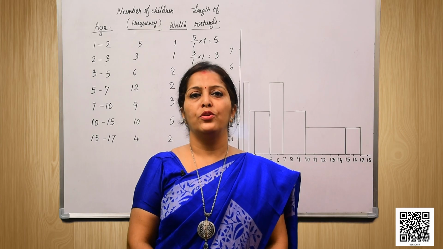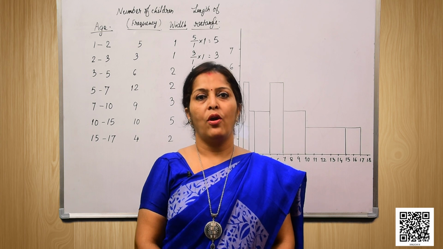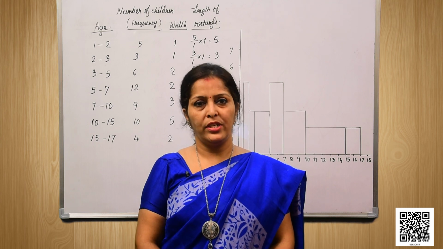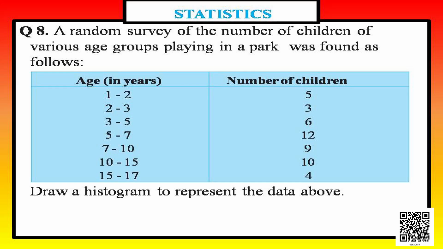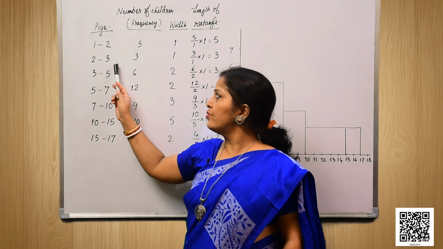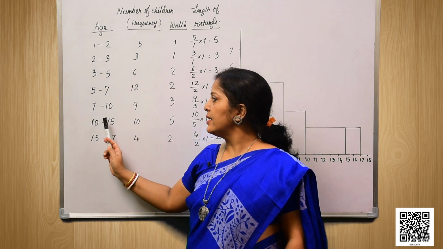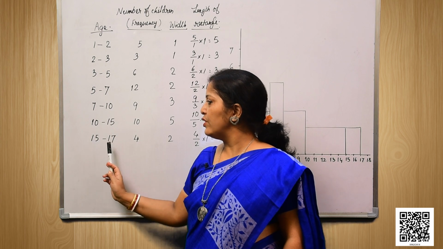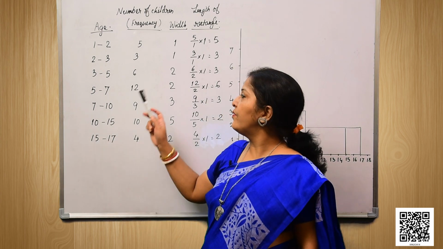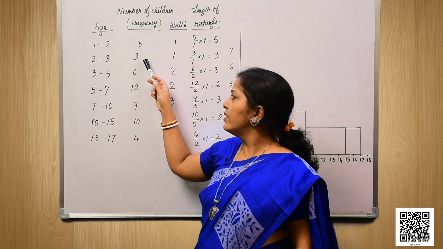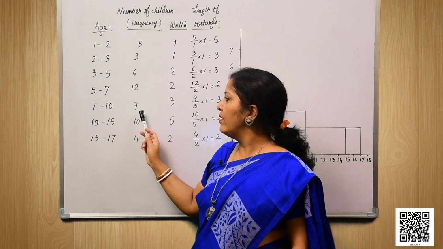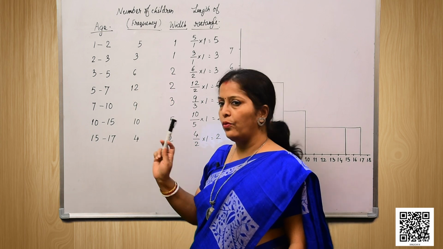So here is the solution for question number 8 of exercise 14.3. Let us see now. We were given the ages of the children in this manner, that is 1 to 2, 2 to 3, 3 to 5, 5 to 7, 7 to 10, 10 to 15 and 15 to 17. And the frequencies are 5, 3, 6, 12, 9, 10 and 4.